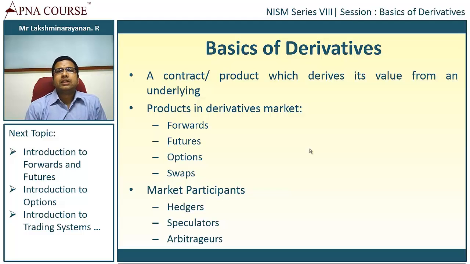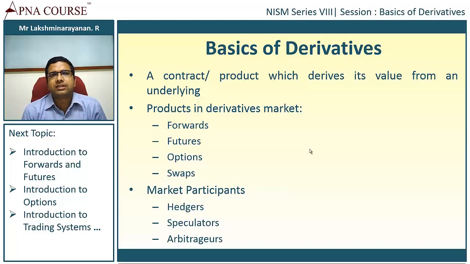For example, if I'm trading Nifty futures, the Nifty future derives its value from the underlying asset, which is Nifty itself. So there has to be an underlying asset if there has to be a derivative. A product that derives its value from an underlying asset is known as a derivative.